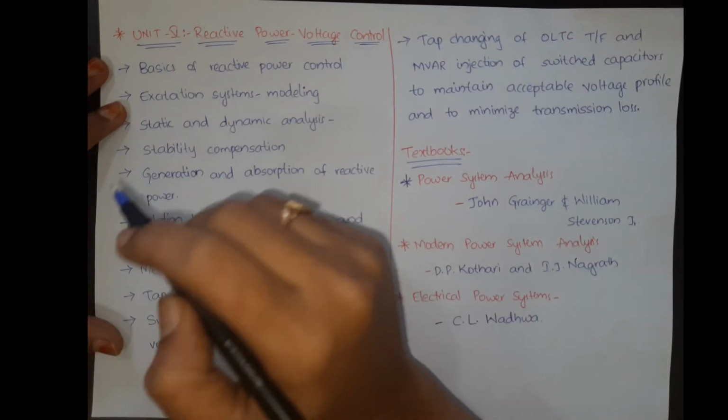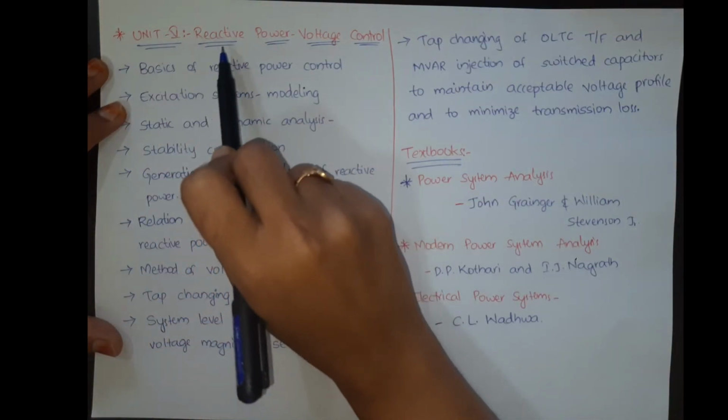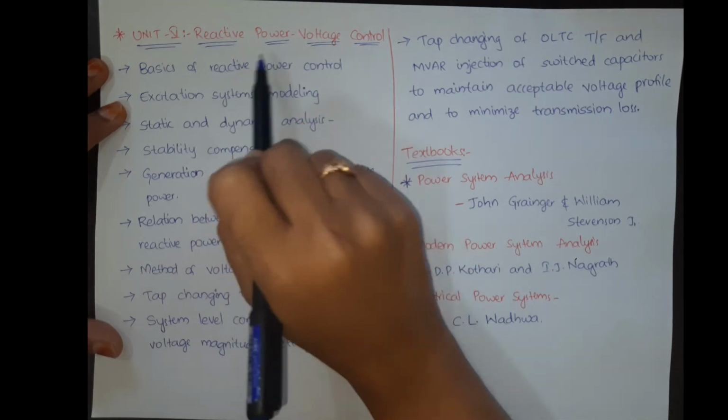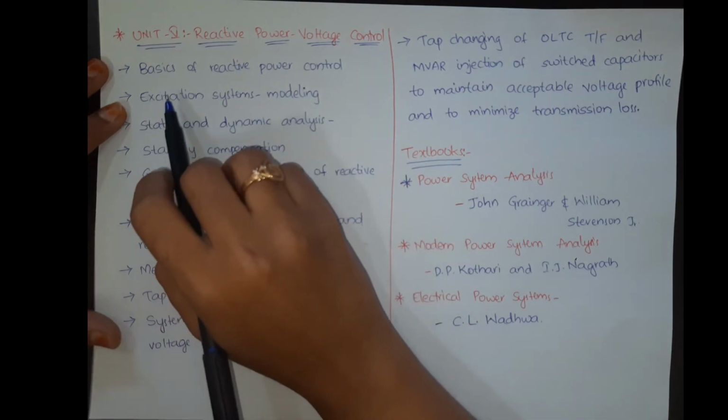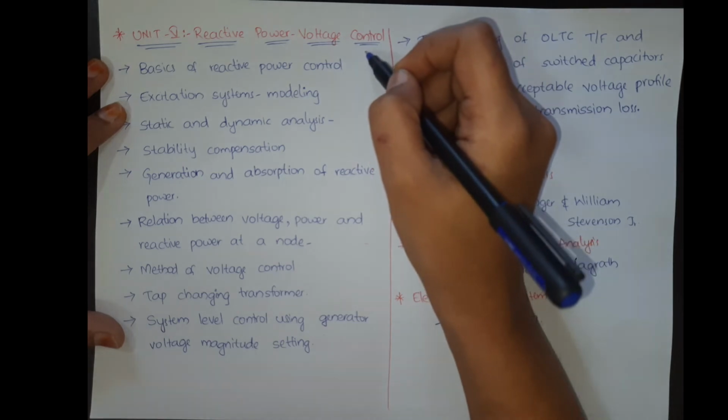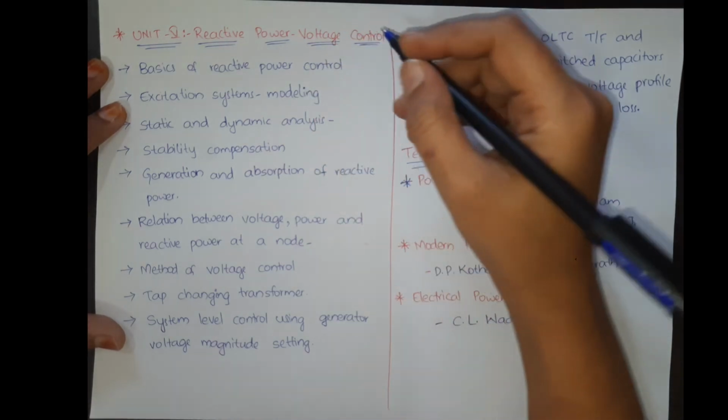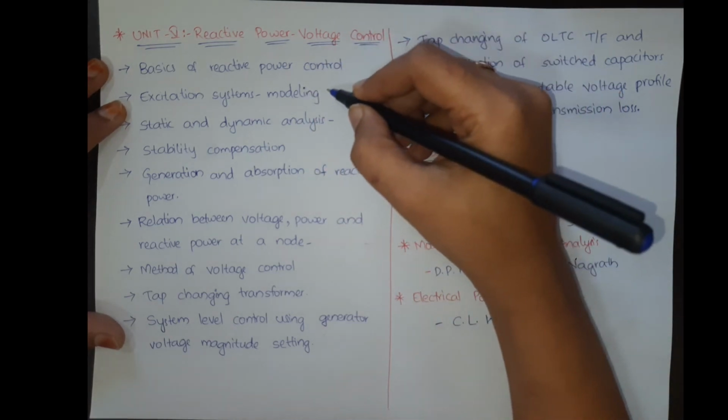Now coming to the last unit, that is unit 5, reactive power voltage control, that is QV control. So what is actually reactive power control, that we will be studying in this unit. Also excitation systems.